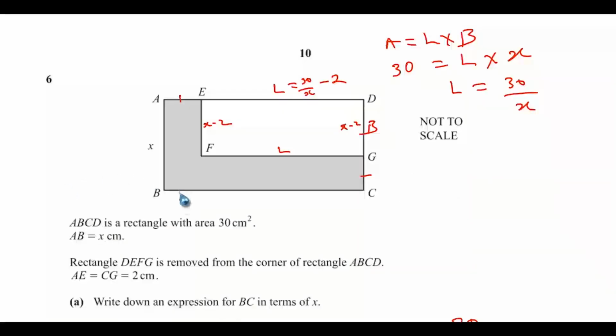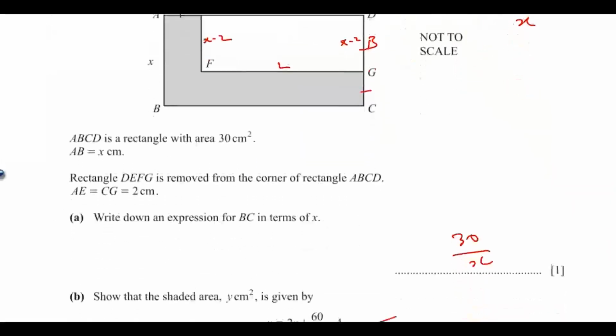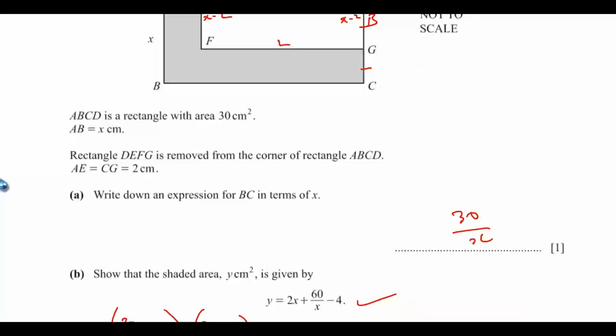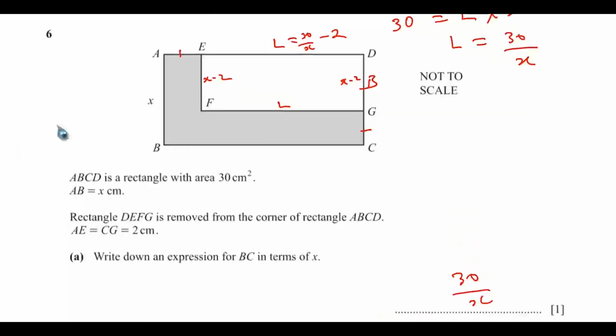Look at it, this is y equals 2x plus 60 over x minus 4. That is the expression for the shaded area. Of course, we have sides AB and BC as part of the shaded area, and AB is x, and AB is less than BC as we were told.